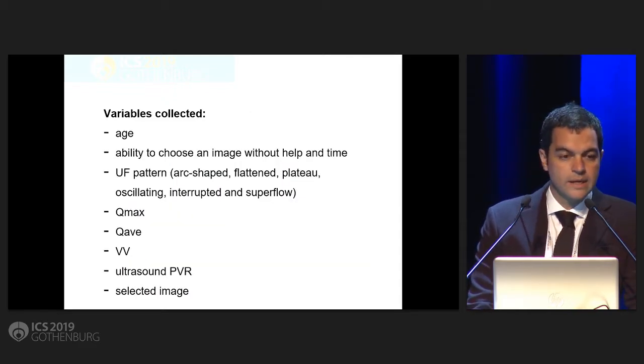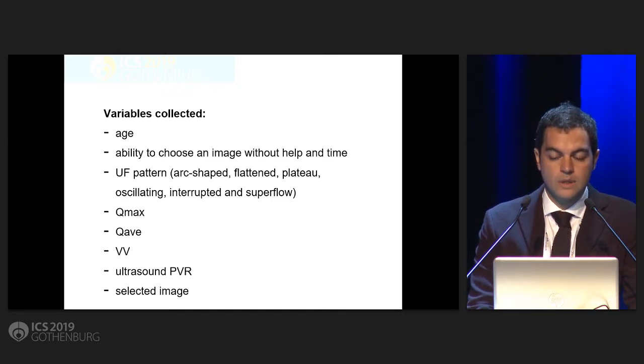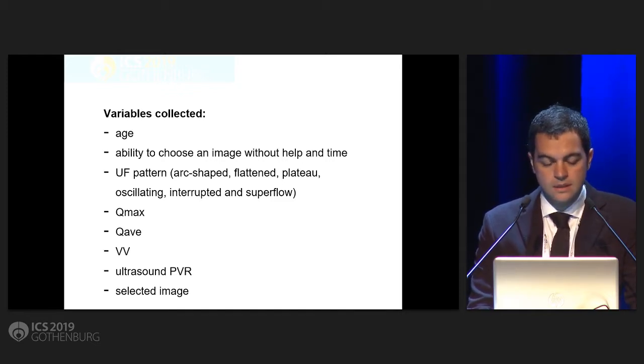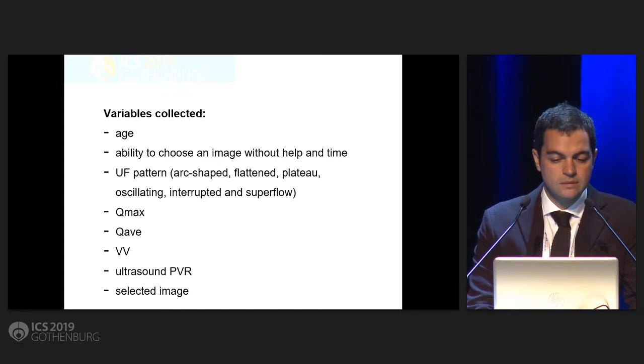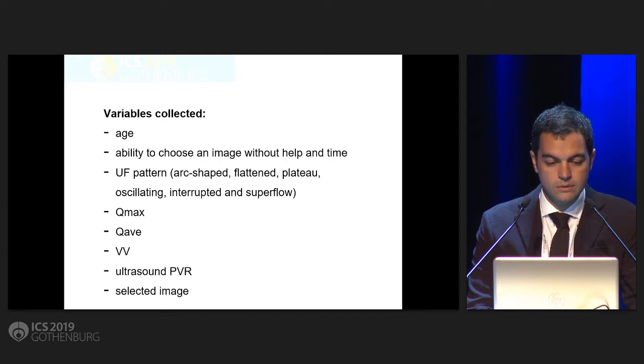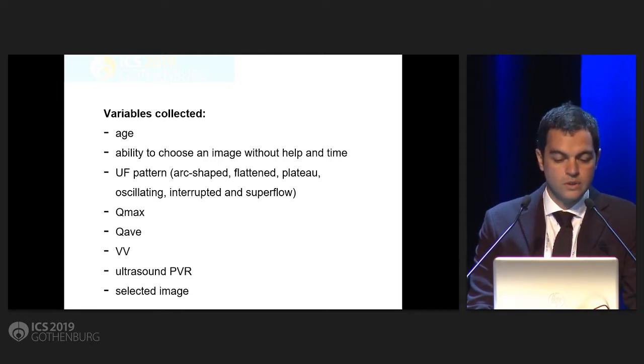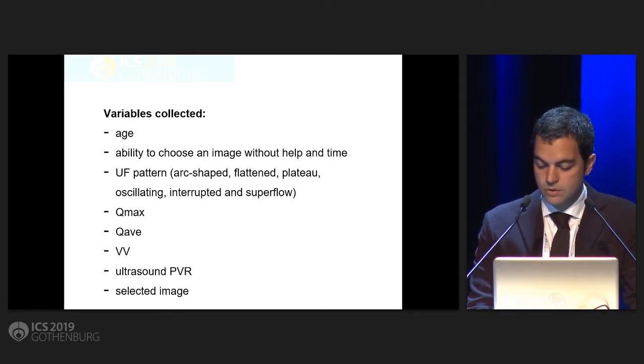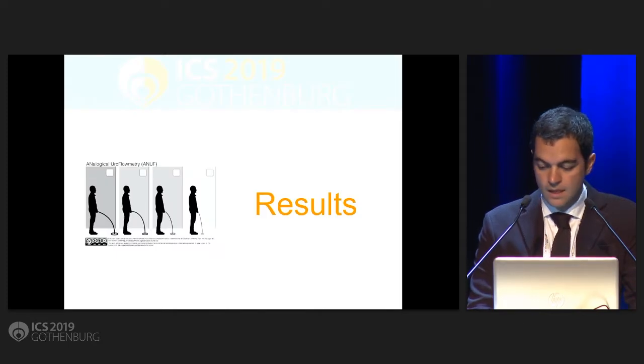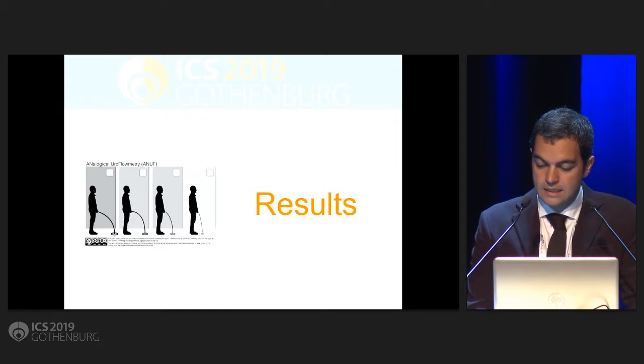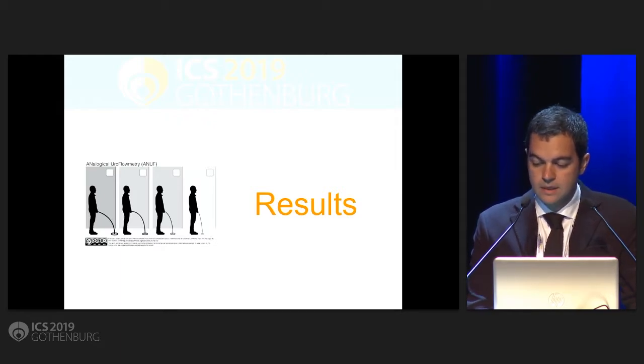Variables collected were age, ability to choose an image without help and time to do it, uroflowmetry pattern (arc-shaped, flattened, plateau, oscillating, interrupted, and superflow), Qmax value, Q average value, voided volume, ultrasound post-void residual volume, and, of course, selected image. For the results, we made statistical analysis with R software and Spearman rank test, ANOVA, and Tukey test.